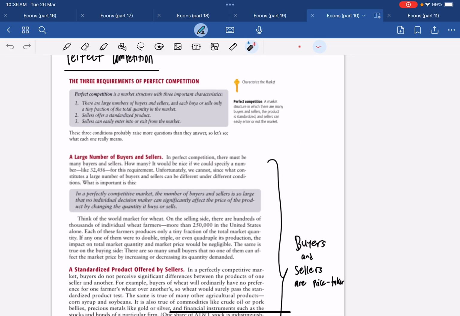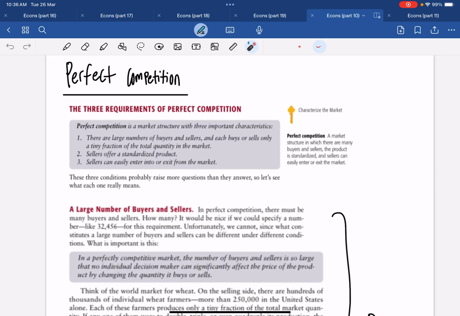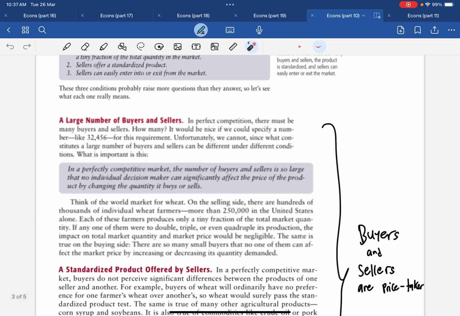Now we want to take a look at a specific type of market known as perfect competition. What characterizes this market is that there are a large number of buyers and sellers, and each buyer and seller only adds a tiny fraction of the total quantity. Another assumption is that the sellers offer standardized products, and the third is that barriers to entry and exit are very low in the market.